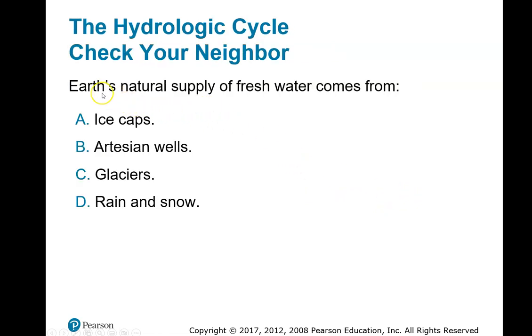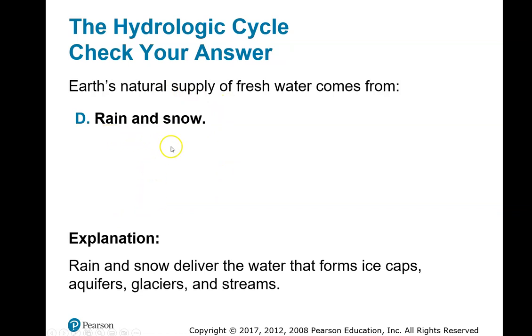So the Earth's natural supply of fresh water comes from, where do we normally get it? Mostly rain and snow. These other ones do have fresh water, but the natural supply that we come across on a daily basis is the rain and the snow.